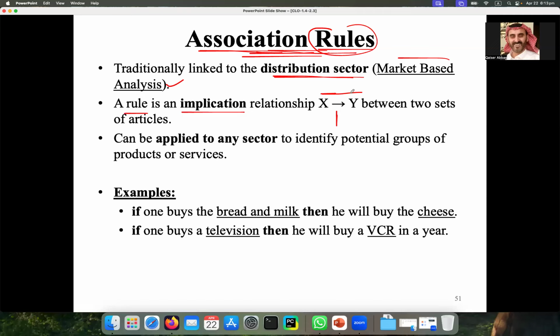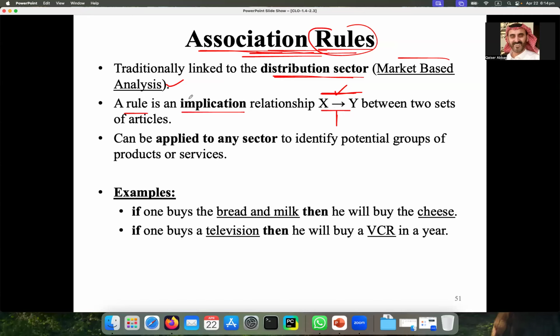How do I read that? X implies Y. And how can I understand it in general words? It means if X, then Y. This is the meaning of this rule. This is a rule, and this is called implication because it implies a relationship.